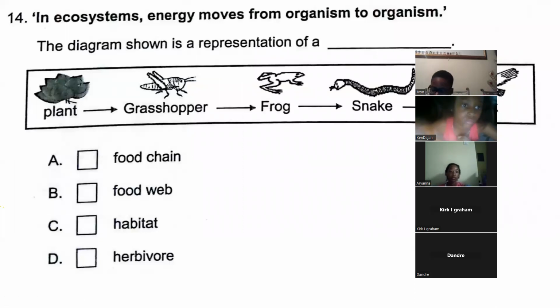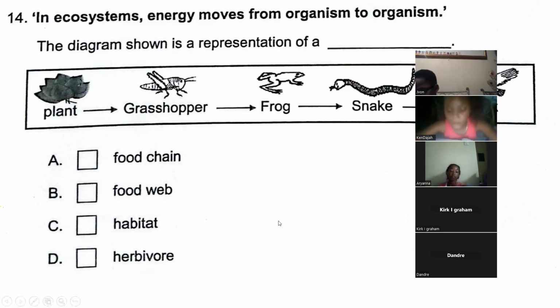In ecosystems, energy moves from organism to organism. The diagram shown is a representation of A, food chain, B, food web, C, habitat, or D, herbivore. The answer is A, food chain.